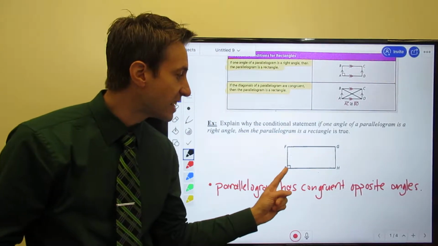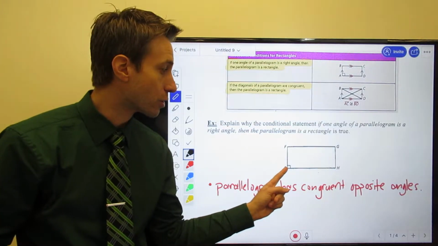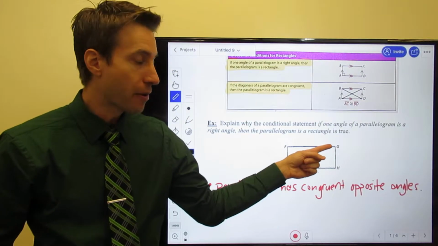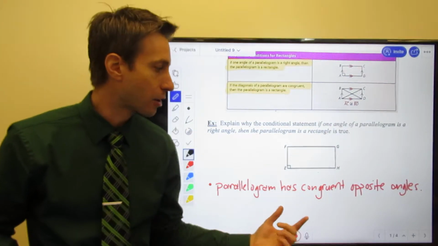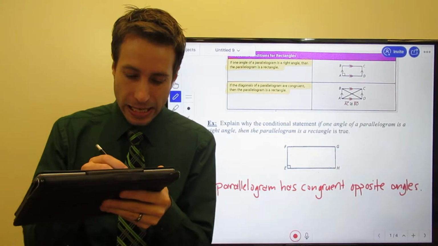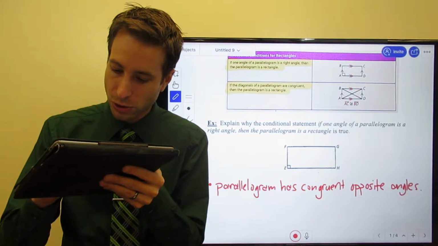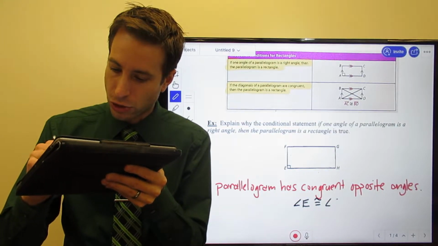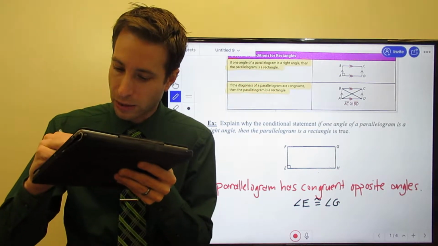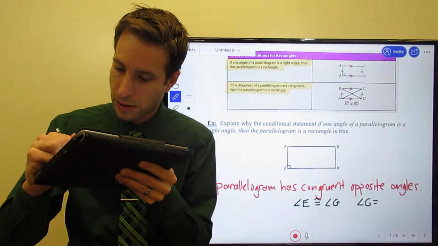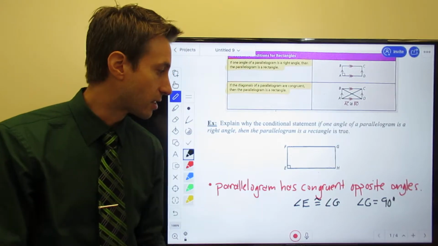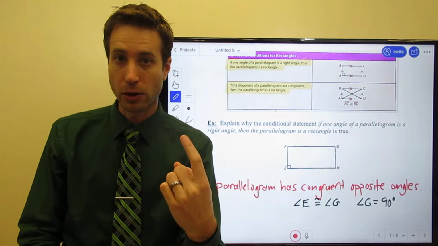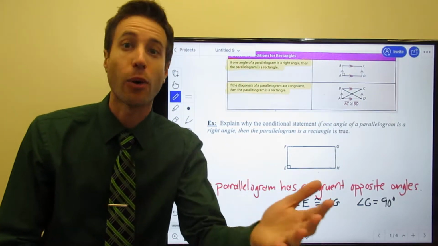Since angle E is 90 degrees, if this is a parallelogram, what do I know about angle G? Angle G and angle E are congruent, so angle E is congruent to angle G, and therefore angle G equals 90 degrees. That's the first thing when it comes to this statement. If one angle is a right angle, how do I know that all of them are right angles? How do I know it's a rectangle?